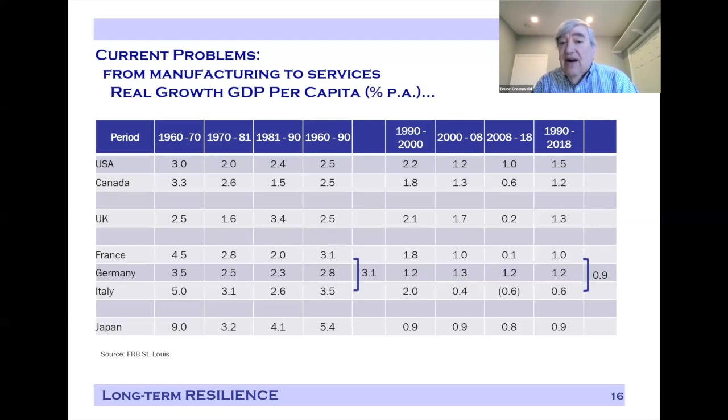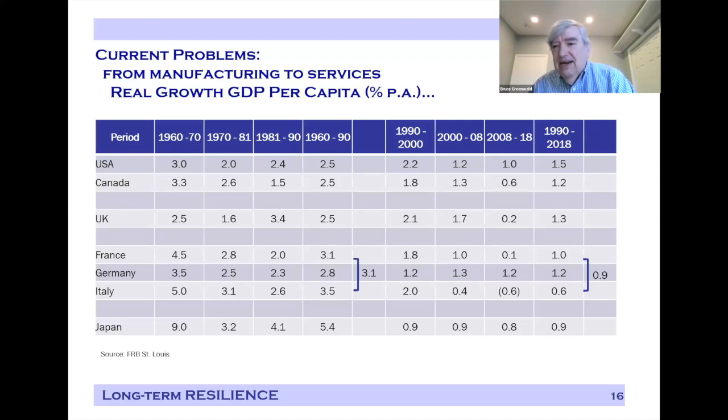And Japan, it's 5.4%. If you look at 1990 to 2018, which is when I did this data, Japan is steadily less than 1%. It is a phenomenally painful change. You go from a growth rate at which you were doubling per capita income every 14 years to a growth rate at which you're doubling per capita income every 80 years.